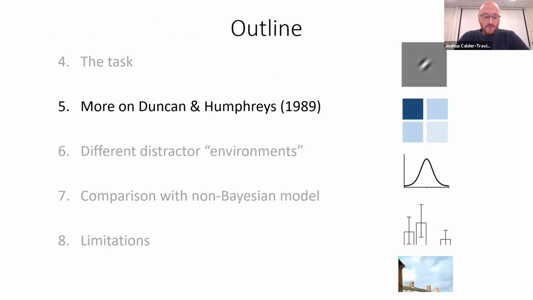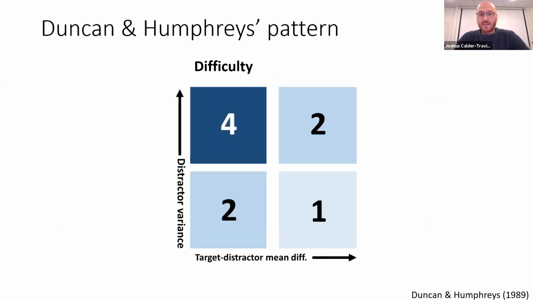First of all, we'll talk a bit more about the patterns that Duncan and Humphreys identified. As Andrea described, Duncan and Humphreys thought that as distractor variance increases, the difficulty of visual search would increase, but that as target to distractor mean difference increased, visual search would become easier.